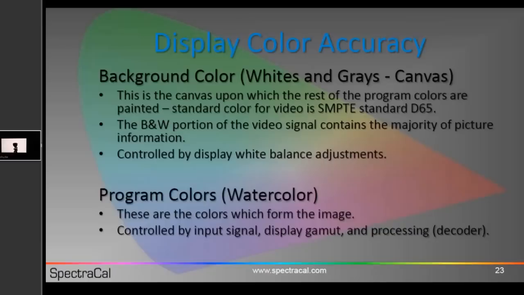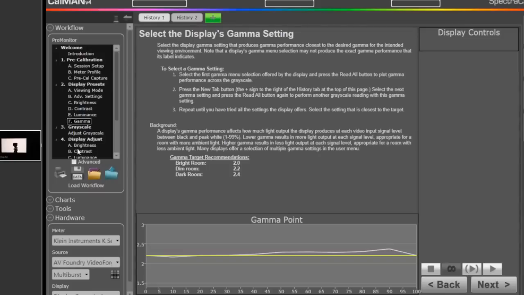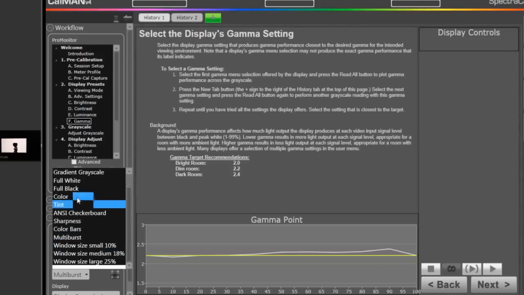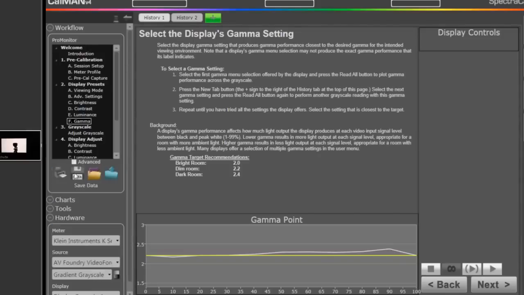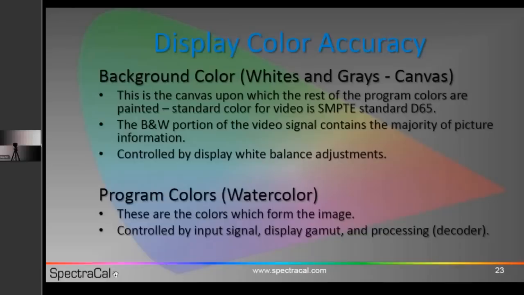So if we go to an entirely gray picture, for instance, let me switch back and just access a gradient grayscale. That gradient grayscale on the display is actually the background color of the display at different luminance levels. No color content.